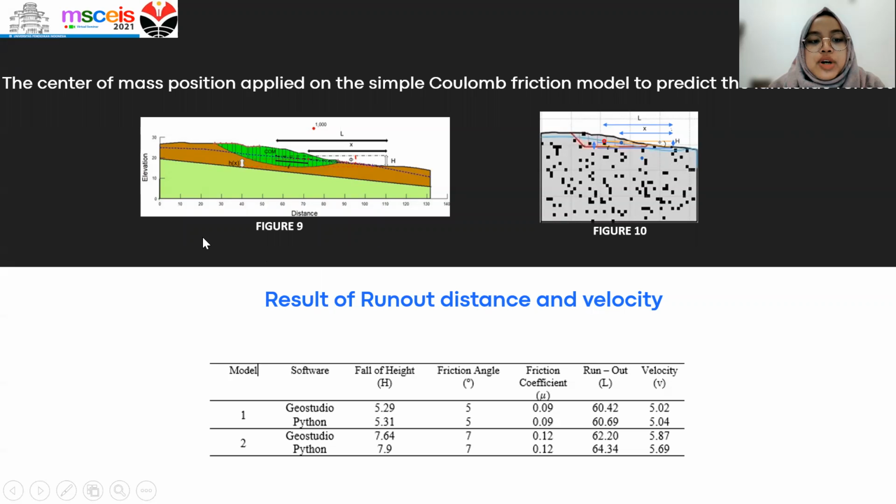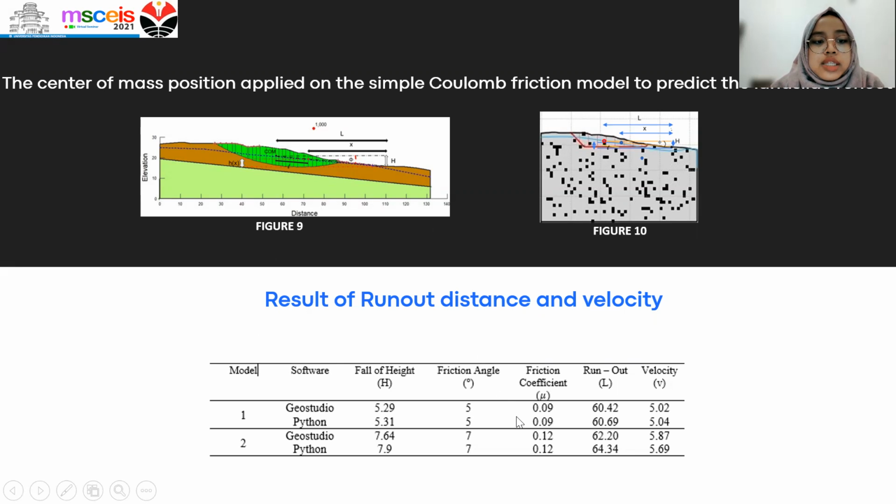The geometry of the model is used to perform the center of mass analysis to estimate the runoff distance and the velocity, using a simple friction model. The calculation results are summarized in the table, indicating that the runoff distance and landslide velocity obtained from both software, Slope/W and BIMSTAB, are generally in good agreement, except for the result of velocity in model 2.